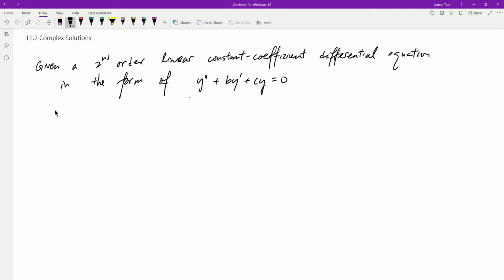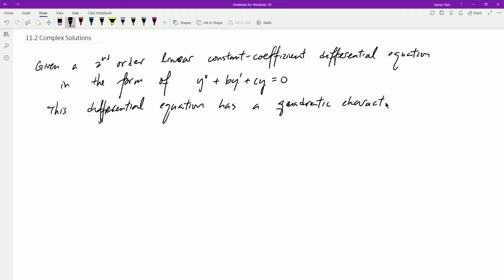Notice that this differential equation has a quadratic characteristic equation, which looks something like this, which is r squared plus br plus c equal to 0.